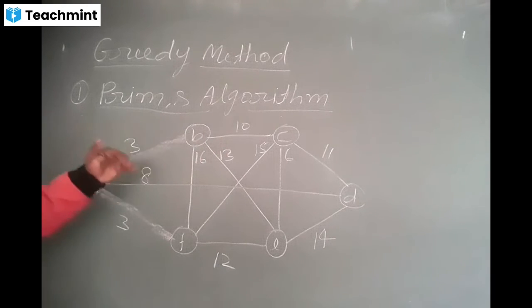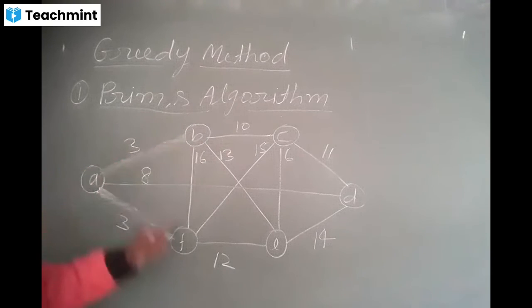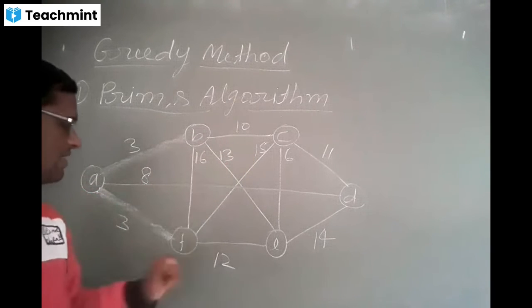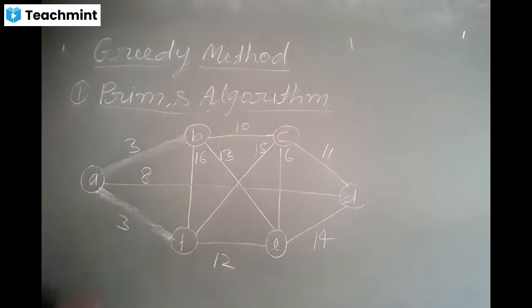We write all the steps separately. So first step A to B, second step A to F. Again, we see all the adjacent edges from B, F, and A. So there is 10, 15, 13, 16, and 12. 8 is also there, so 8 is the minimum.